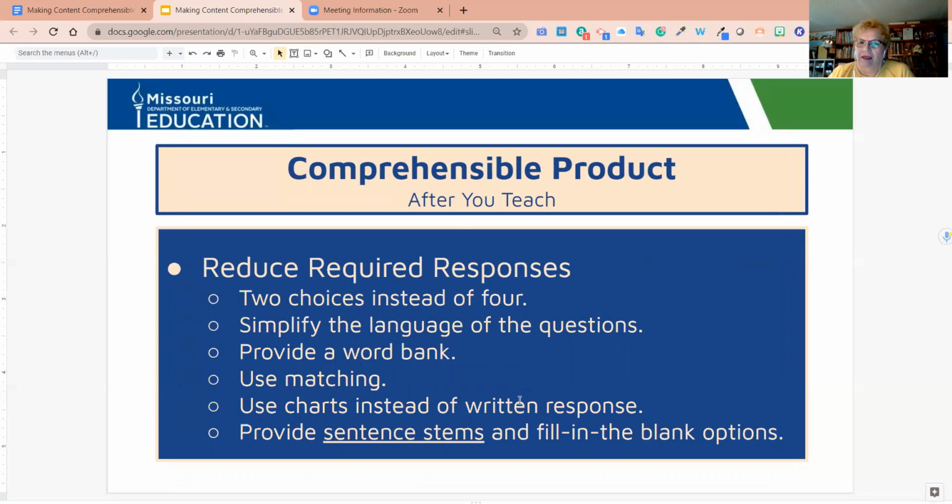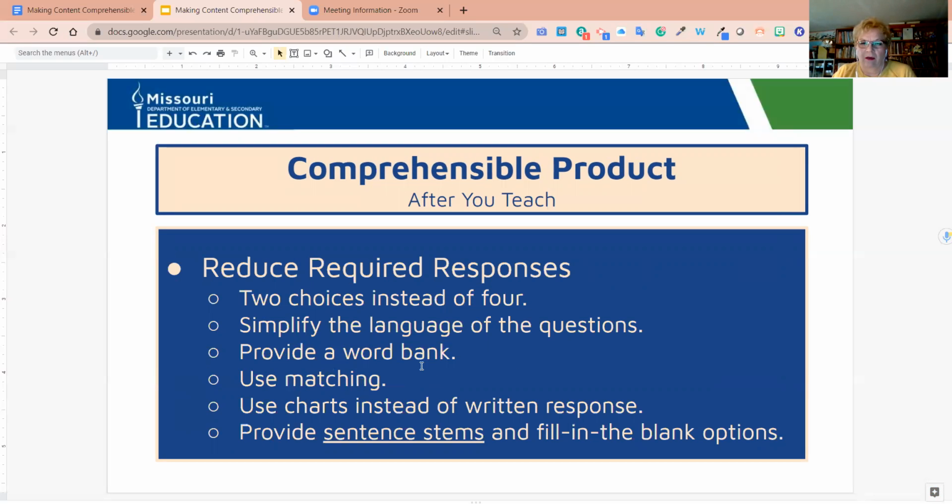Other ways you can assess are to give, like if you're giving a multiple choice with 4 questions, just give 2 choices, a right and a wrong for the early proficiency levels. And simplify the questions, the language of the questions, so that it's very clear. You might provide a word bank if it's a fill in the blank, so that they don't have to try to come up with those words on their own, because after reading the sentence, it's hard sometimes to think of all those extra words.